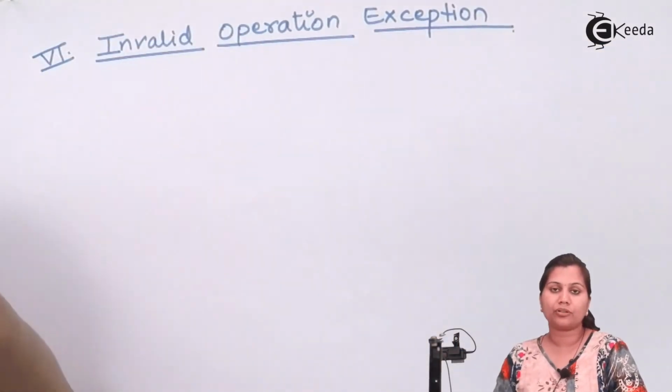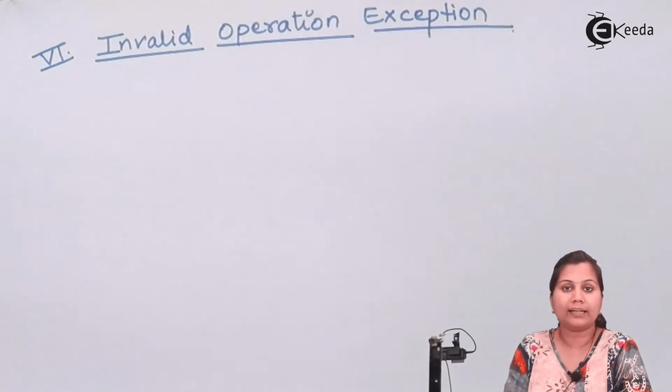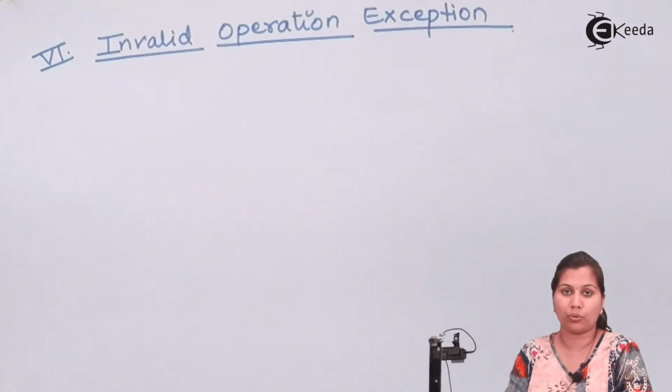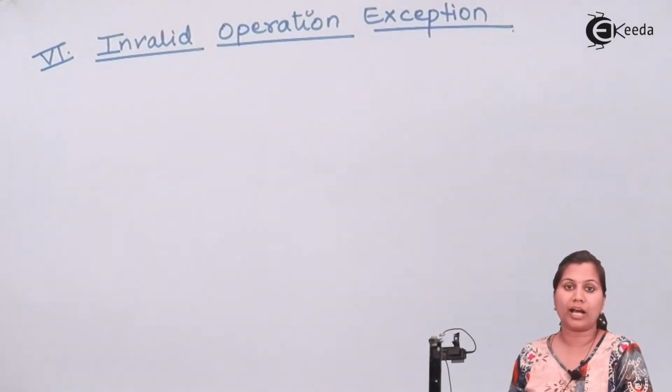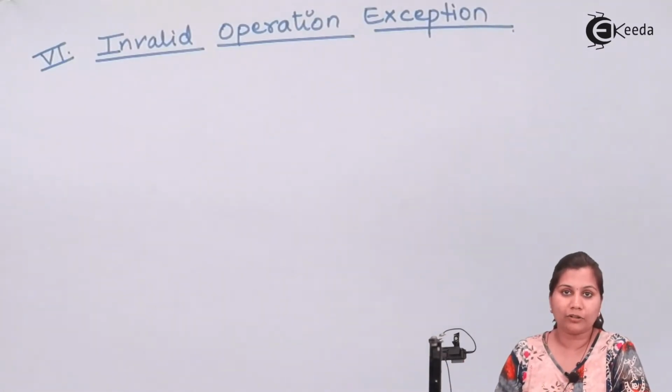Next and the last exception is the invalid operation exception. This type of exception or error occurs whenever there is an attempt to do an invalid operation. Examples of invalid operations are like if we want to store a number in a register whose capacity is very less, like if the register can store only 8-bit data, and we try to store 16-bit data in that register, then it will be an invalid operation.